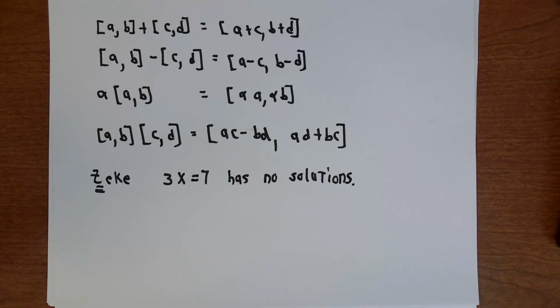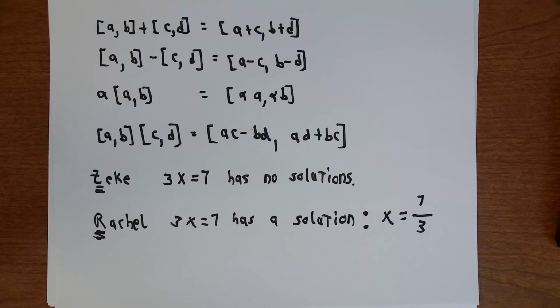If you had an individual named Zeke, and Zeke knew only about the integers, hence the Z, Zeke would say to you, 3x equals 7 has no solutions, and within his context he would be right.